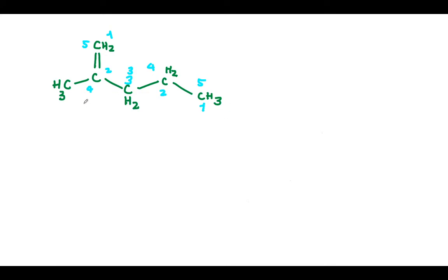If I'm numbering it from right to left, that means that my double bond is between carbon number 4 and carbon number 5. If I'm numbering it from left to right, I know that my double bond is between carbon number 1 and carbon number 2. So the choice is pretty obvious to me. I want to number it so that the double bond has the lowest number possible.